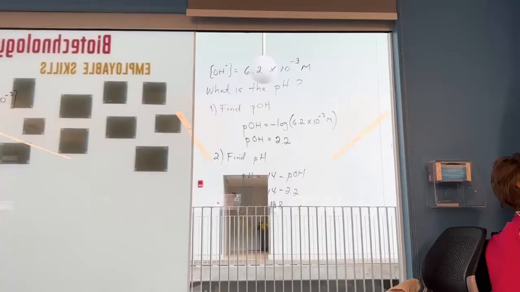You see how I get sloppy with where I put the plus sign, so please forgive me about that. 1.0 times 10 to the negative 14 divided by 6.2 times 10 to the negative 3 molar. We're going to get a hydronium concentration, which we then use to calculate the pH. So can you guys do that operation just to make sure that we're using the calculator correctly?